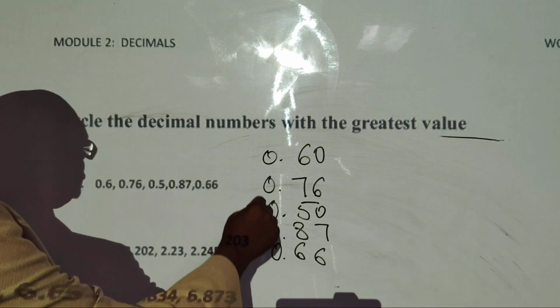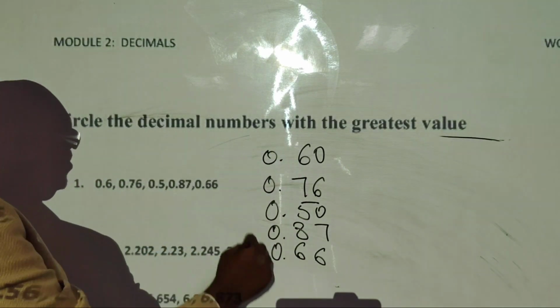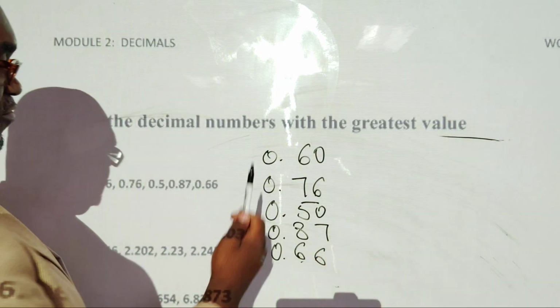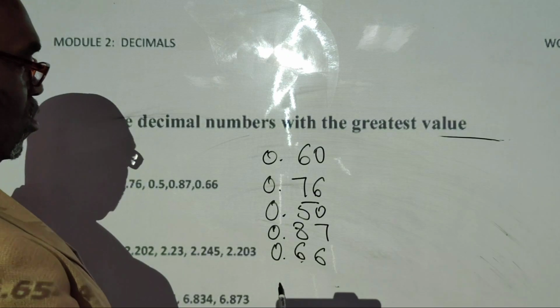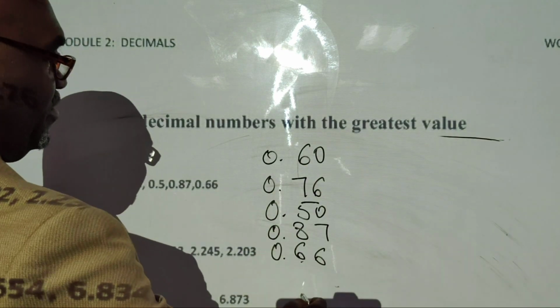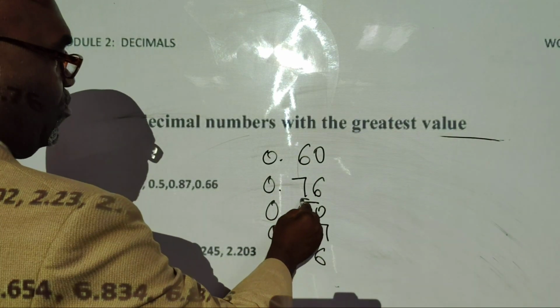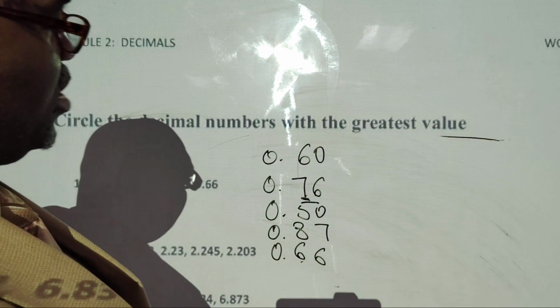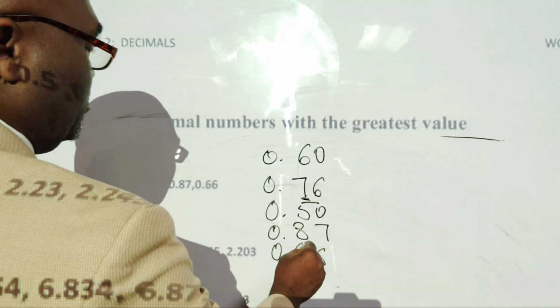Then, since all of them have the same whole number, to move yourself to the first place after the decimal, you look at, okay? After the decimal, see, I have 7 right here. You can see, then I got 8.